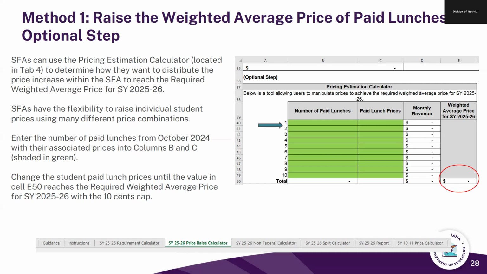So you can enter the number of paid lunches from October 2024 with their associated prices into columns B and C that are shaded in green with the little arrow. SFAs, you will then change the student paid lunch prices until the value in cell E50, which is the one circled, reaches the required weighted average price for 25-26 with the 10-cent cap. So this is just a calculator that you can use to see how you're going to raise your prices. Again, this is an optional step.